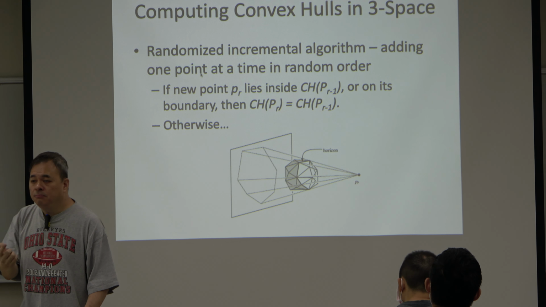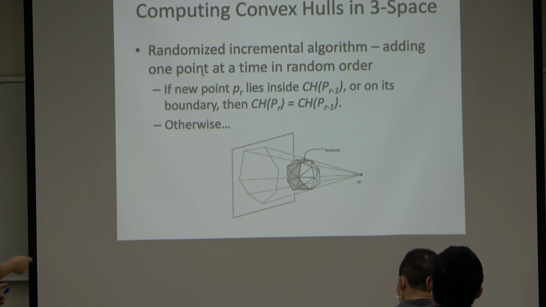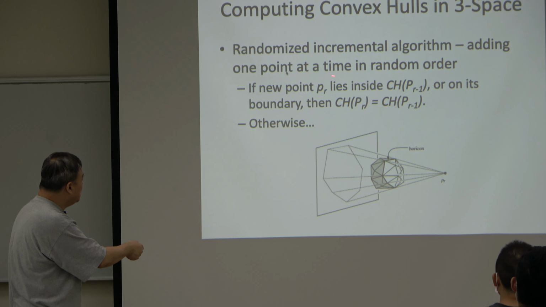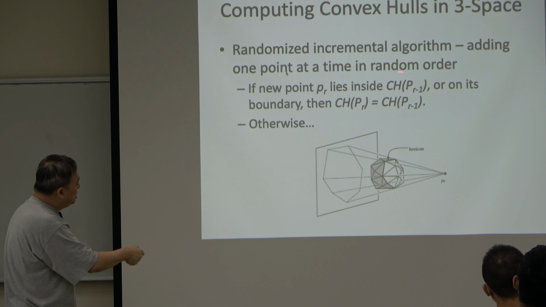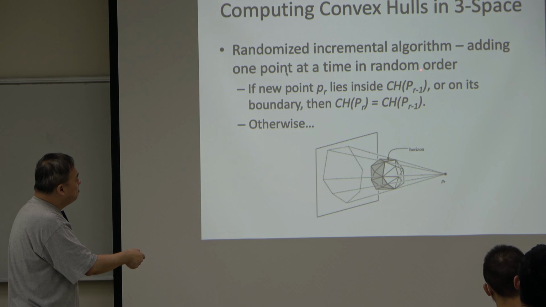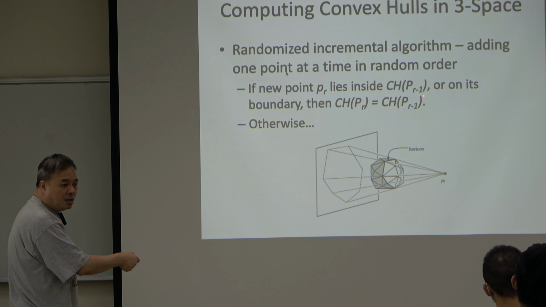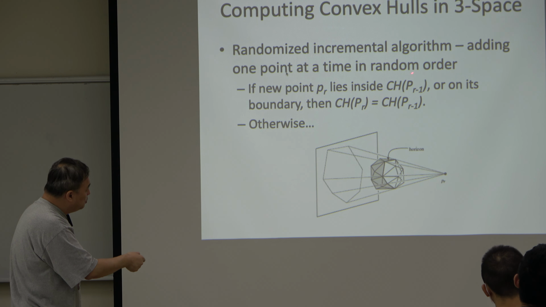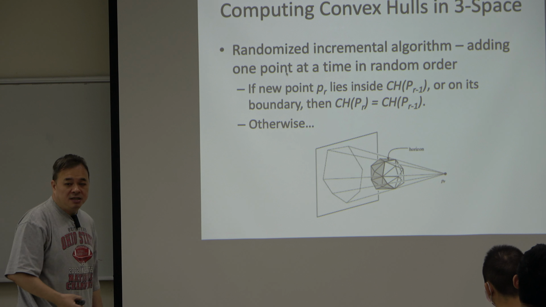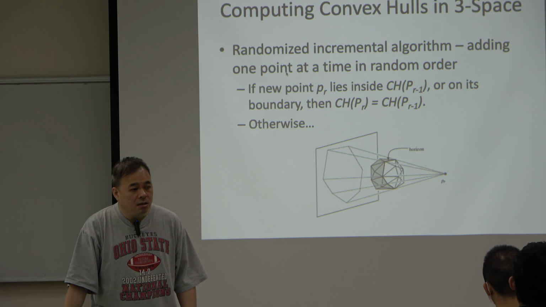If that new point PR that you want to insert happens to lie inside CH(P_{r-1}), meaning the convex polytope that you have created by P1, P2, up to P_{r-1}, or on the boundary, then CH(P_r) will be CH(P_{r-1}). It will be the same.